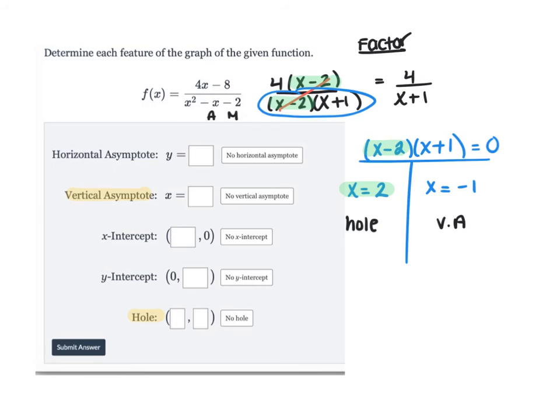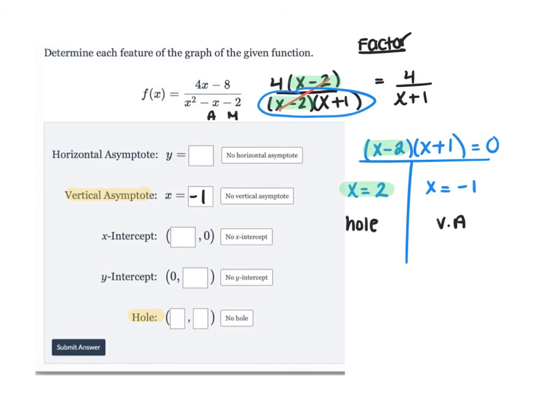So in this example, this negative 2 canceled, so the opposite sign is the x value of my hole, and the stuff that's left over is my vertical asymptote. So we actually can go ahead and say my vertical asymptote is x equals negative 1. Remember, it's an equation, right?